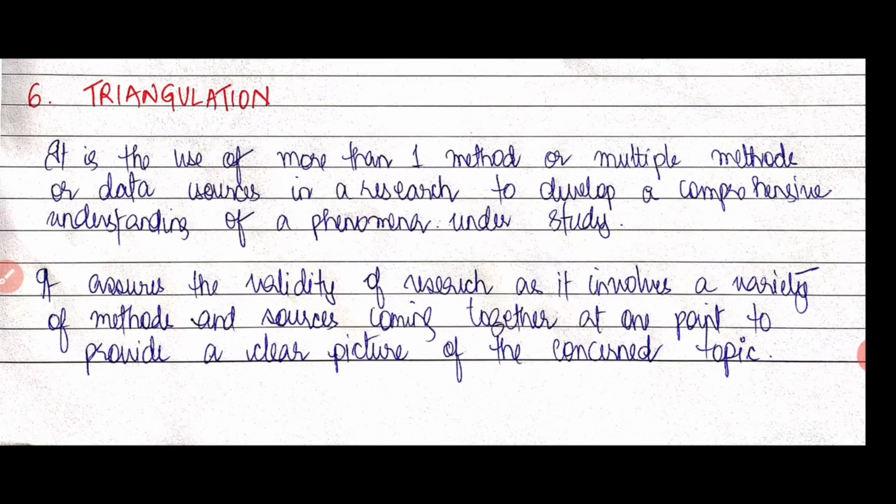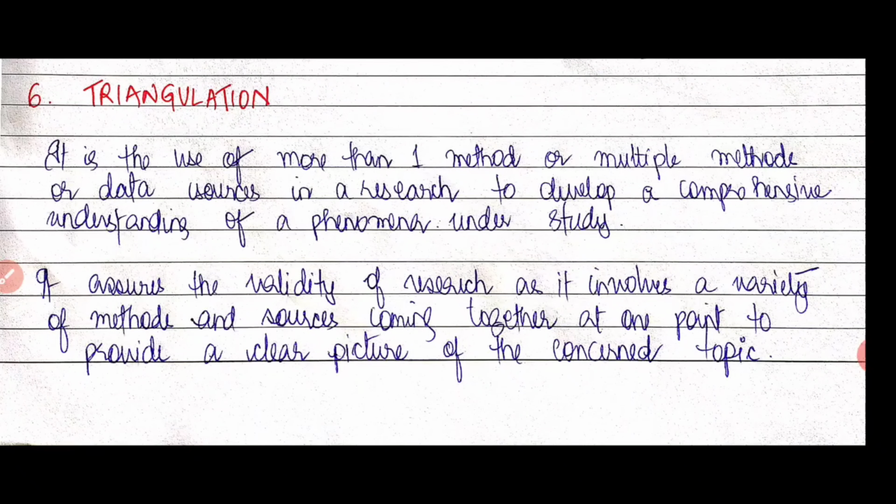Triangulation. So it is the use of more than one method or multiple methods or data sources in a research to develop a comprehensive understanding of a phenomena under study. So if you employ more than one method or you use more than one data source, okay, not one but more than one, then that is triangulation, because that helps the research.